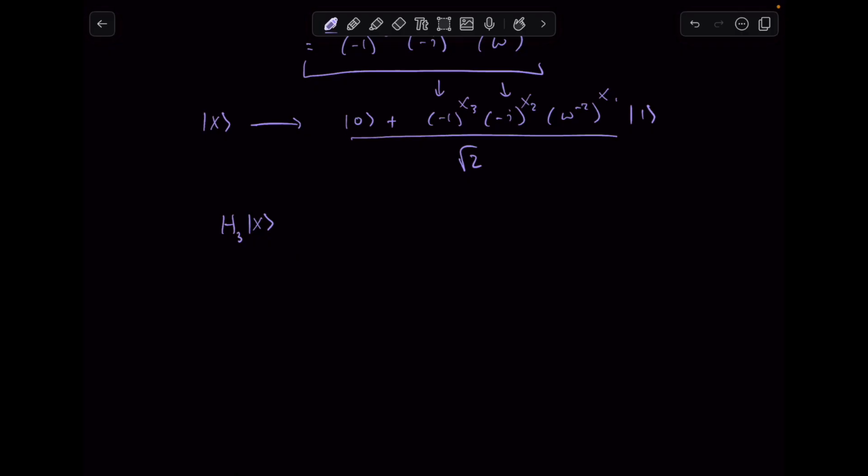And then we want to add this second phase conditioned on the second qubit. So the control qubit here is the second qubit, and the target is the third qubit. And remember, this controlled minus I is like a controlled root Z. So I'll just write it this way.